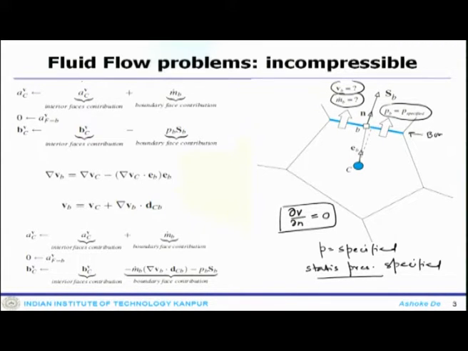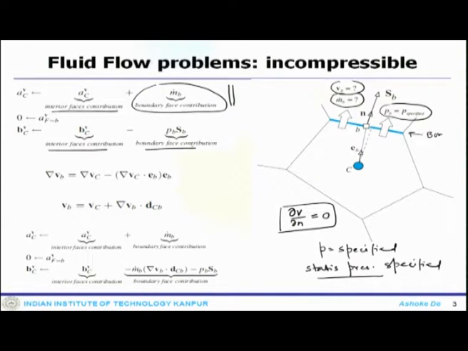A_C will come from the interior faces, and then there will be a contribution from the boundary face, so that will modify your coefficient A_C. A_FB would be 0 at the boundary. For the source term, there will be a contribution from the interior faces and a contribution from the boundary face.